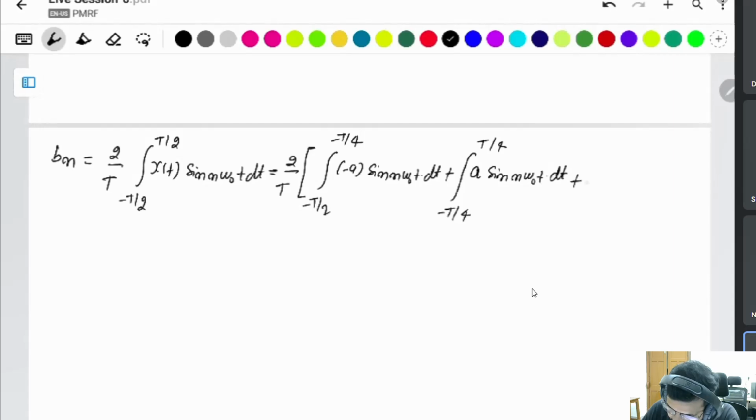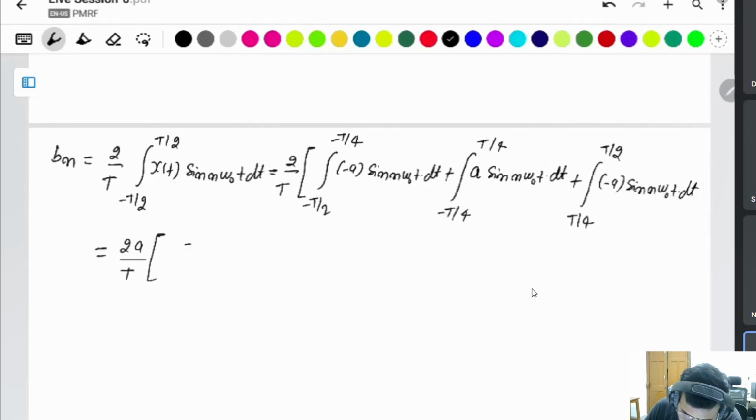Then after integration from T by 4 to T by 2, value of x(t) is minus A sine n omega naught t dt. Okay, I integrate this one. We can take the A value common, and 2A by T.